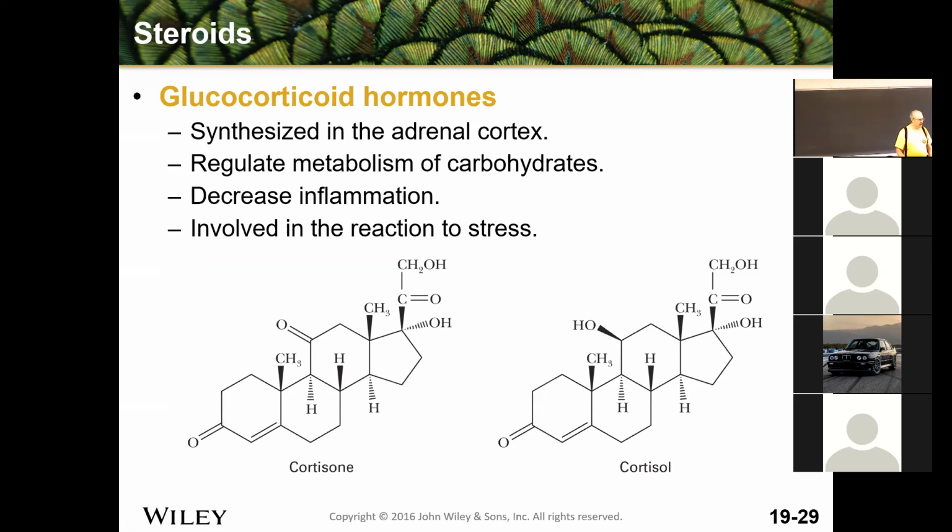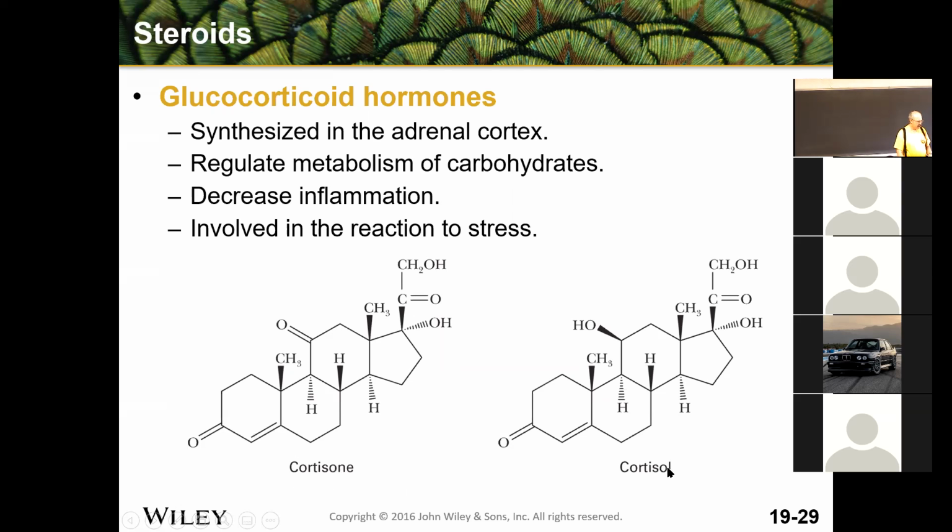These are glucocorticoid hormones. These are synthesized in the adrenal cortex. They regulate metabolism of carbohydrates, they decrease inflammation, and they are involved in the reaction to stress. Okay, so here's cortisone. Okay, one is the suffix for a ketone.